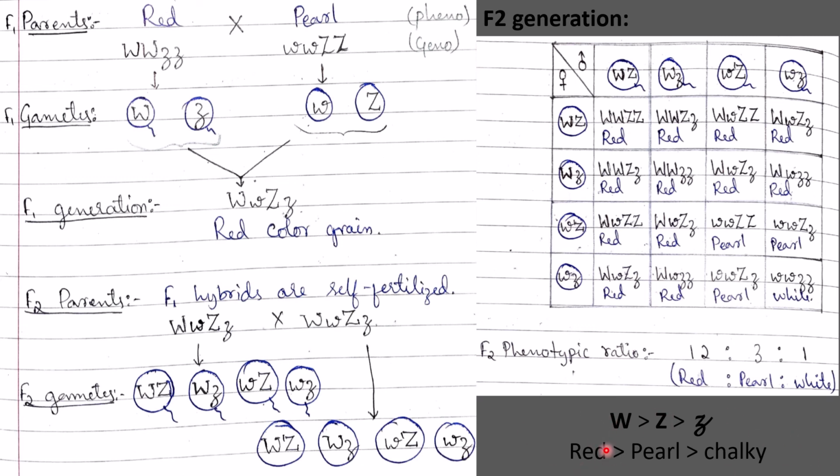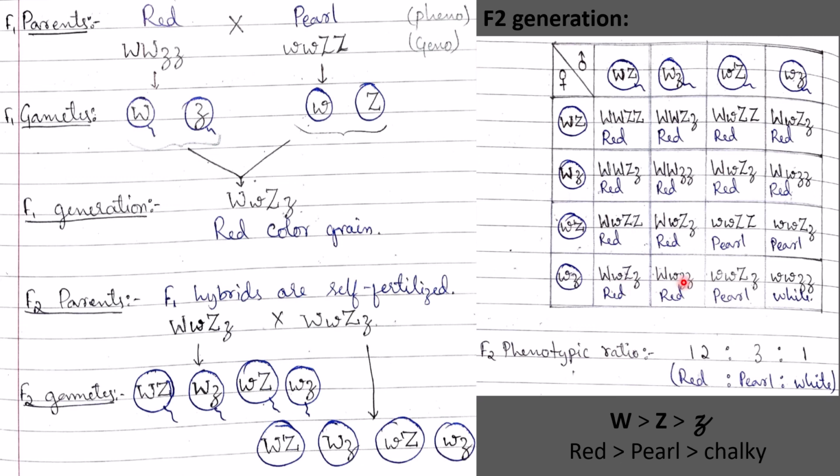So red is whenever a functional allele W is present, the substrate is converted into the dominant color here, right? So the dominant color is red. So here W is present, red. Wherever at least one dominant allele W is present, then I can take it as red. So all these four are red. These are red. This is red. This is red. This is also red.